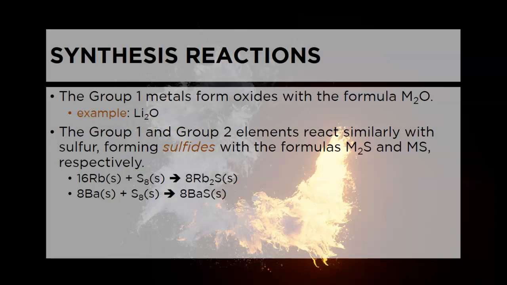So group 1 and group 2 elements will form sulfides, like M2S and MS, respectively. So my example there, rubidium can combine with sulfur to form Rb2S, and then barium is a group 2. It can combine with sulfur and form BaS. 1-to-1 relationship there.